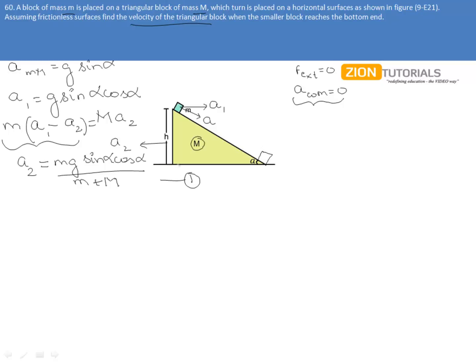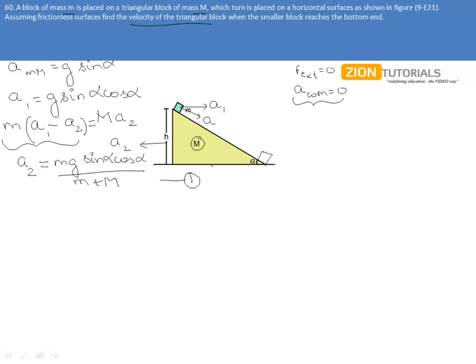Now we have found the acceleration of this block capital M, but we need to find the velocity v after some time. And what's that time? That time is when this block comes to the ground, to the bottom level. So let me find that time, and then I'll put it in the equation to get its velocity.